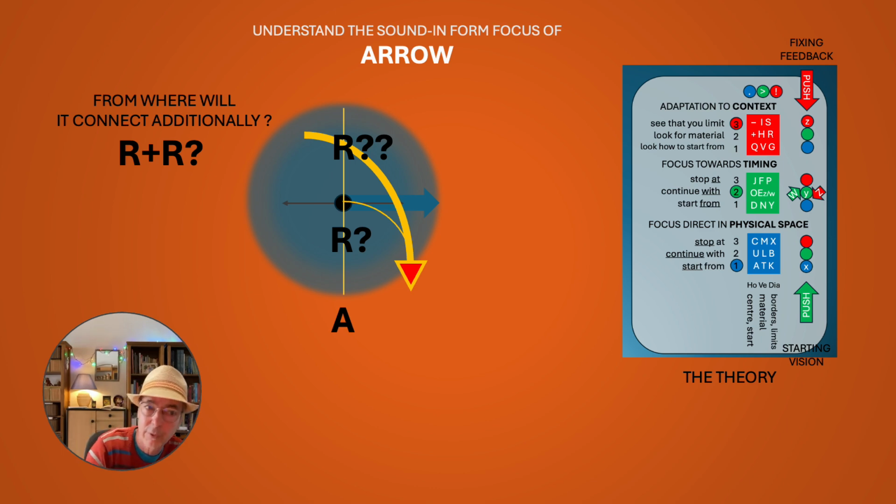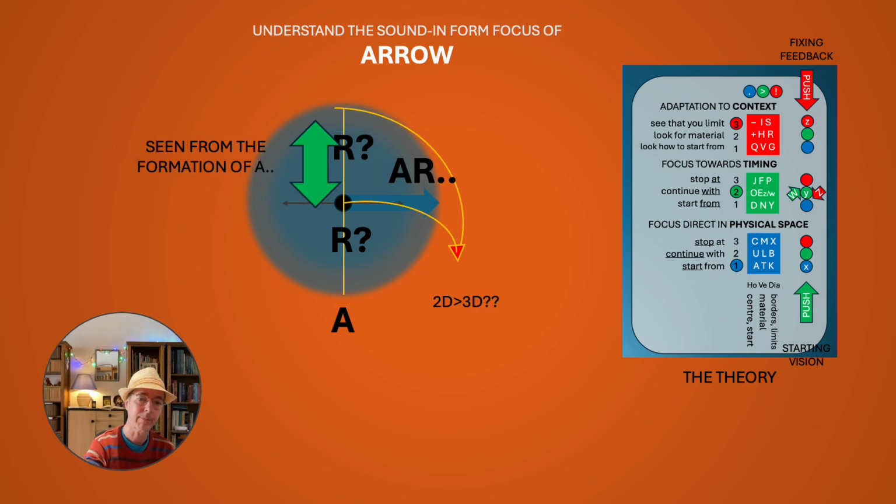But connect further to what? That makes this a difficult word to express, even if everybody knows what arrow is, but this A plus R will not immediately connect to something which is at this point not there from the start.